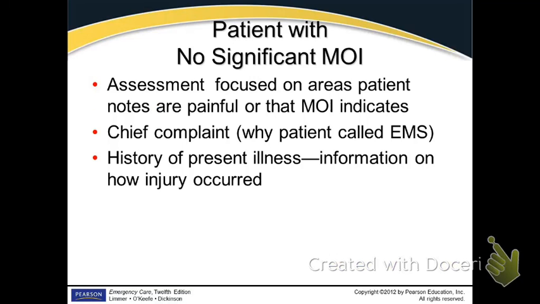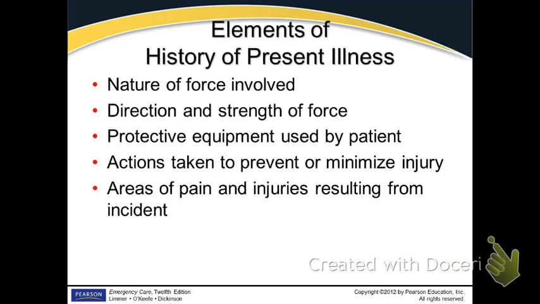But with no significant mechanism of injury, or what's sometimes labeled as a minor trauma, like a fall from a standing position, or a minor wreck or something like that, then you have to investigate it probably more like a medical, as you gather the information.